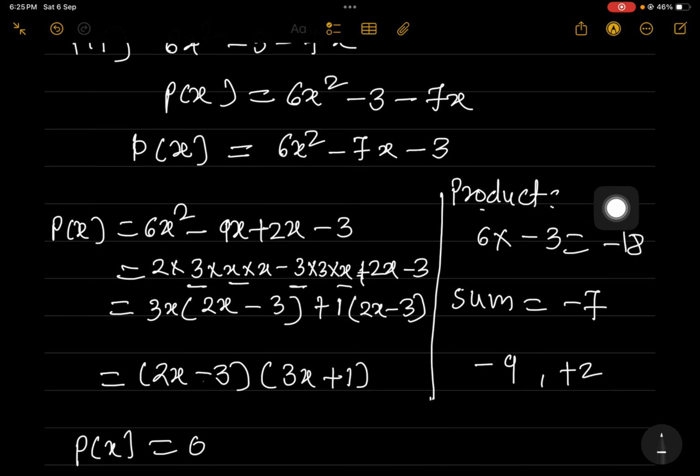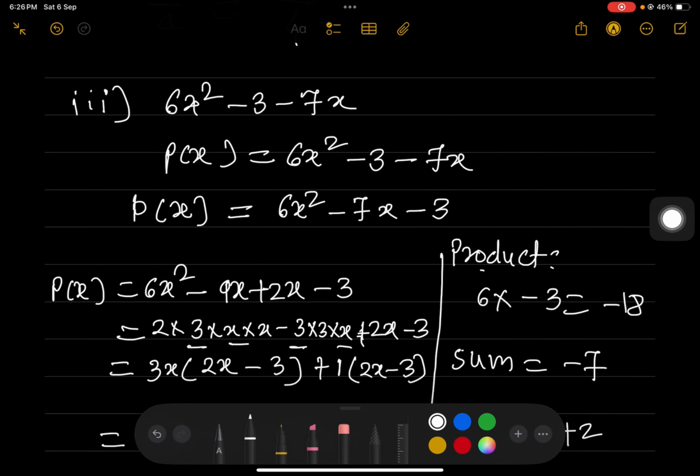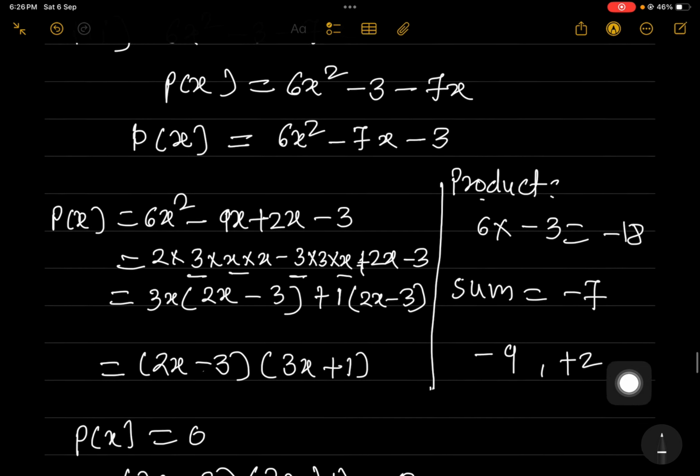Middle term means we need two numbers whose sum is minus 7 and whose product is 18 from the last term. Here the constant is minus 3 and the coefficient of x square is 6, so 6 into minus 3 equals minus 18. Now which two numbers?